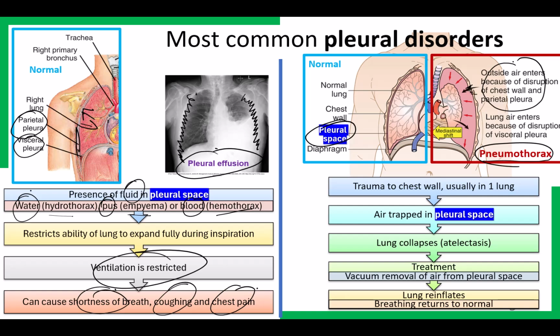And remember, the parietal pleura is the one that's stuck to the inside of the thoracic cavity. And so if there's trauma in there, then air can actually enter in and it can constrict the ability of the lung to expand. Or the other possibility is there's a disruption in the visceral pleura.